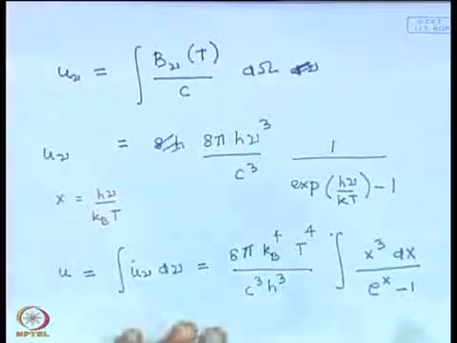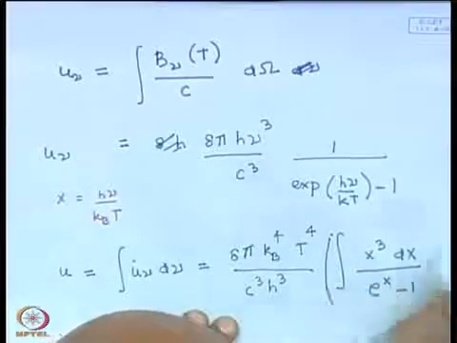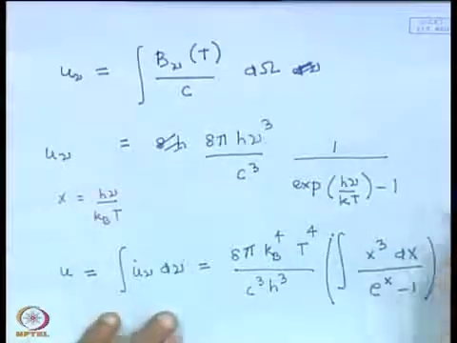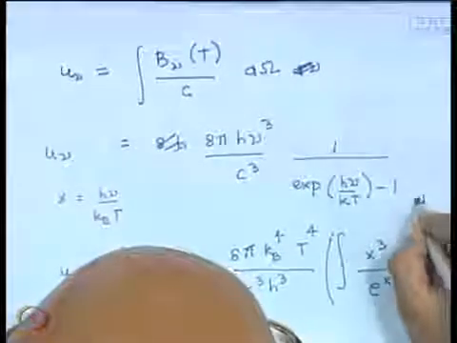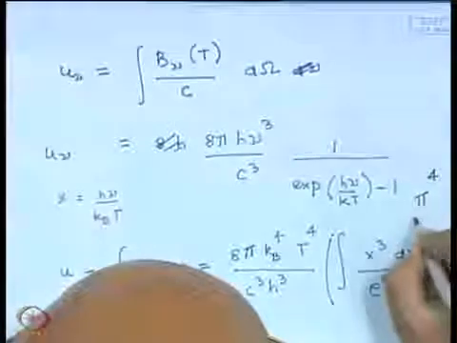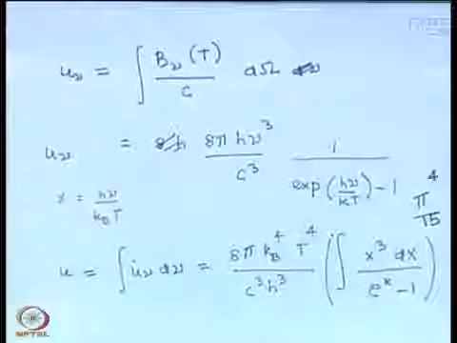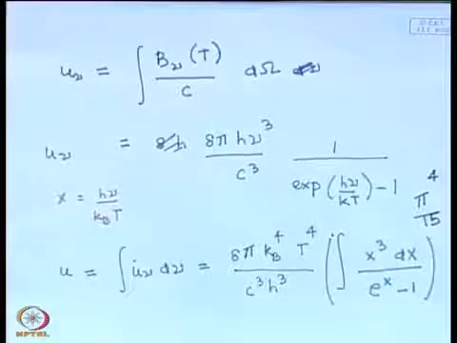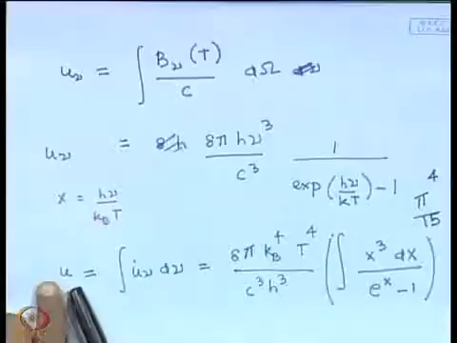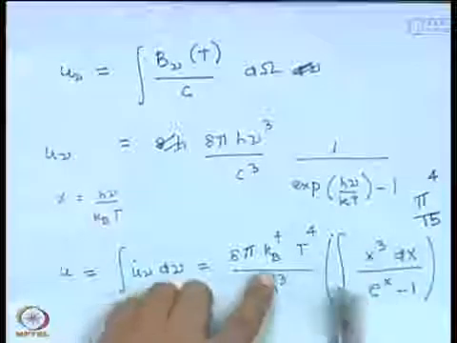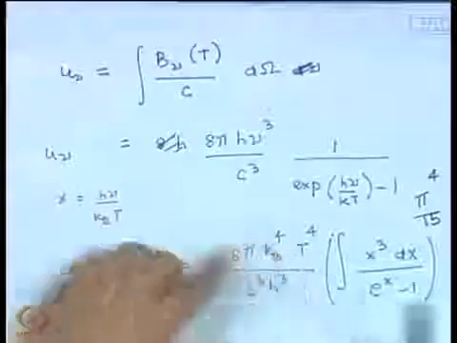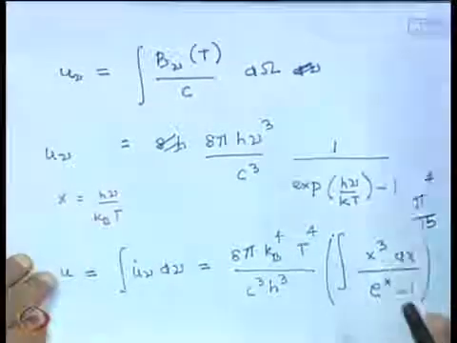And this integral has a value pi to the power 4 by 15. So, now you see the energy density is some constants into T to the power 4, and these constants we had given the name the Stefan constant.